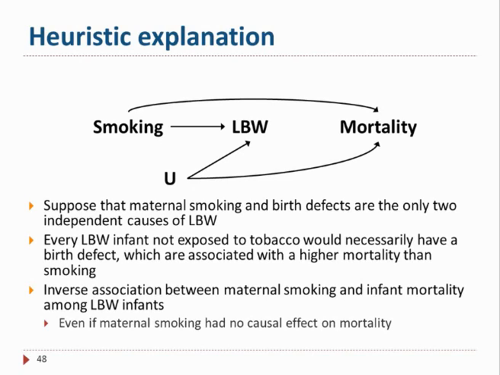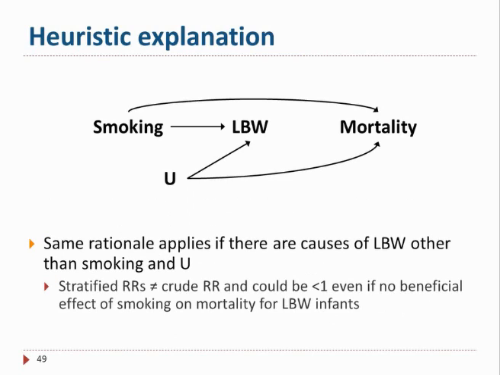So what happens is when you look among the low birth weight infants, because of the higher risk of infant mortality for the birth defects, when you look at the effect of smoking on mortality among the low birth weight infants, it actually looks protective because there are only two causes, and the one cause is much more strongly associated. And so again, we're in the situation where adjusting for low birth weight is actually hurting us and causing the association to flip from what it should be.